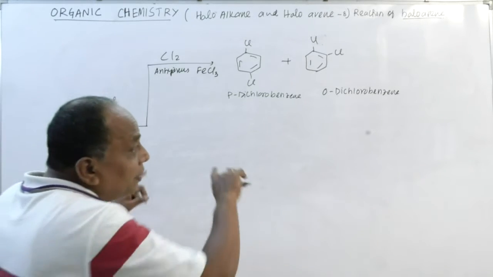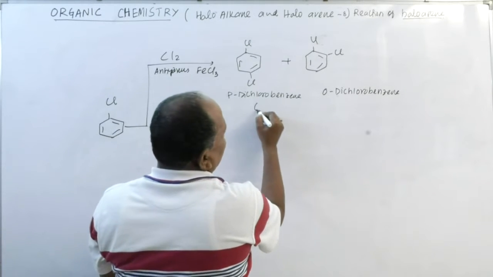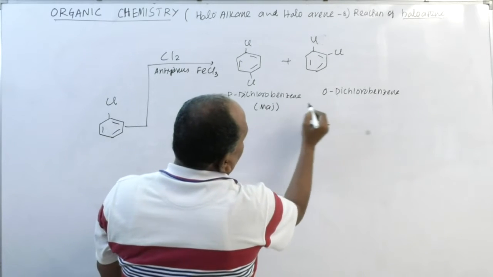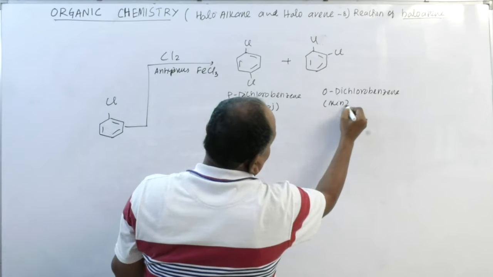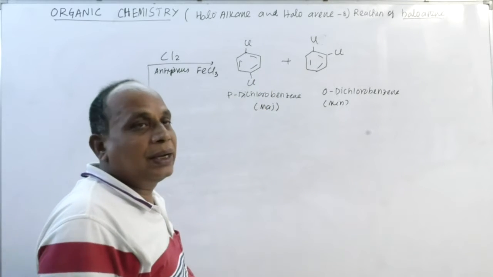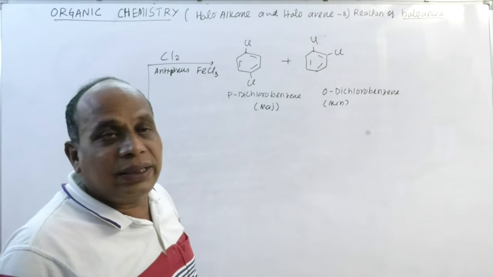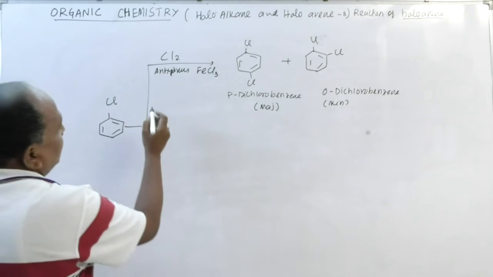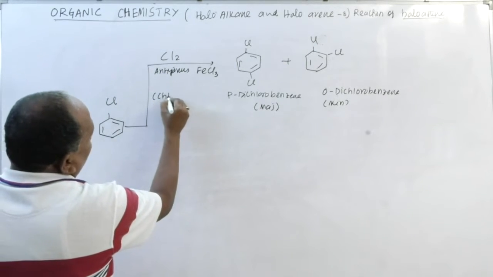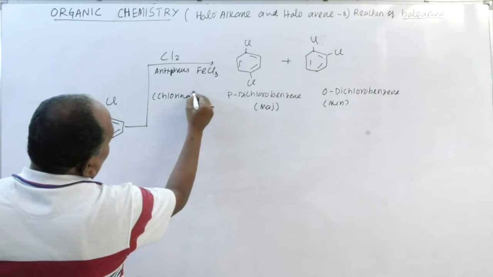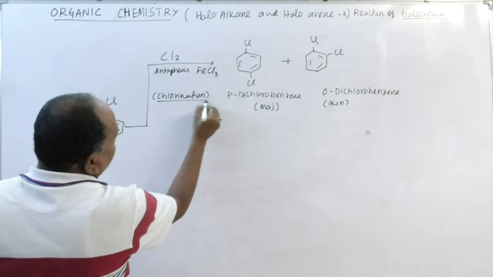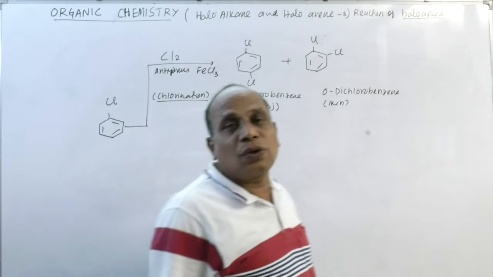Okay, and out of these two substituted products, this is somewhat major and this is somewhat minor. That means this gives more amount of yield, that gives less amount of yield. This process is called chlorination.